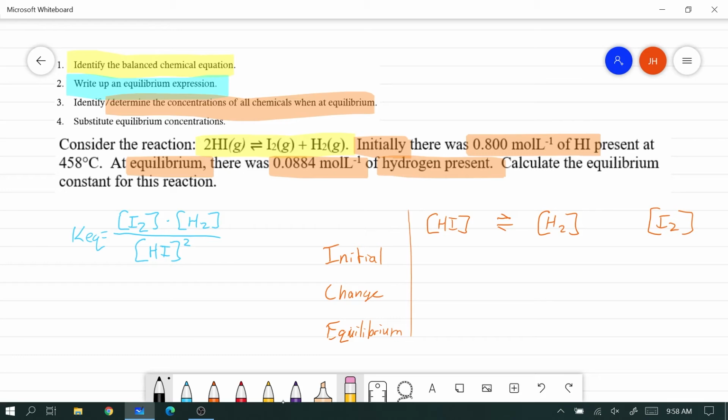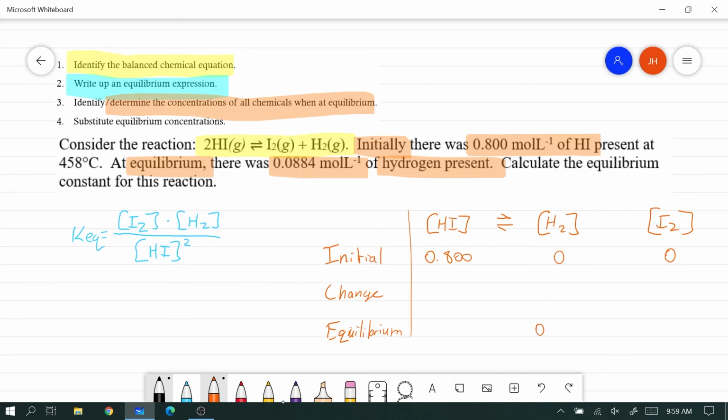So with the information that we've been given, what we have been told is that the initial concentration of hydrogen iodide is 0.800 moles per liter. Now, we can assume as well that the concentrations of the products are going to be 0 at the beginning, as we have not been told anything else about them. What we've also been told is the equilibrium concentrations for the hydrogen in particular.